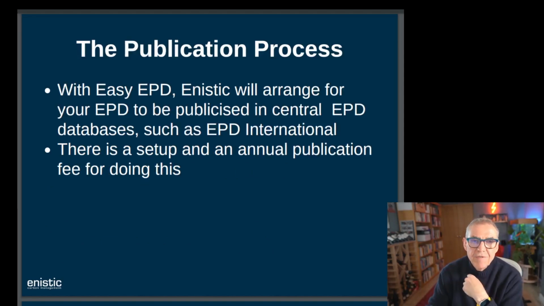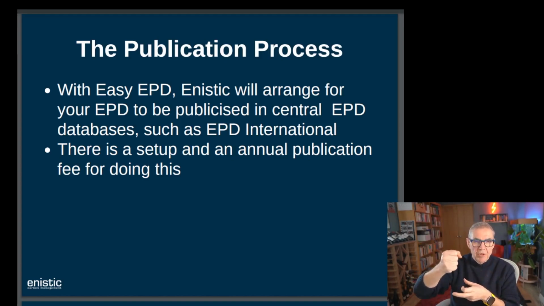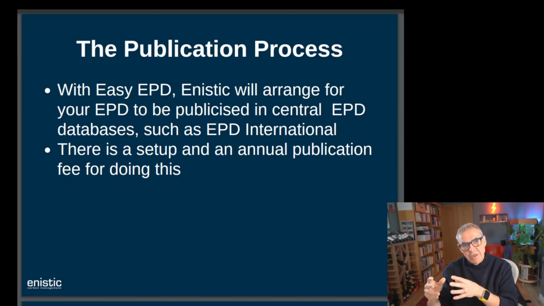Once it's verified, you've then got an LCA that has been verified by a third party, and the third party has all the insurances and the qualifications they need to do that. What you need to do now is publish it, okay? So we typically use EPD International, that's part of the Easy EPD service.